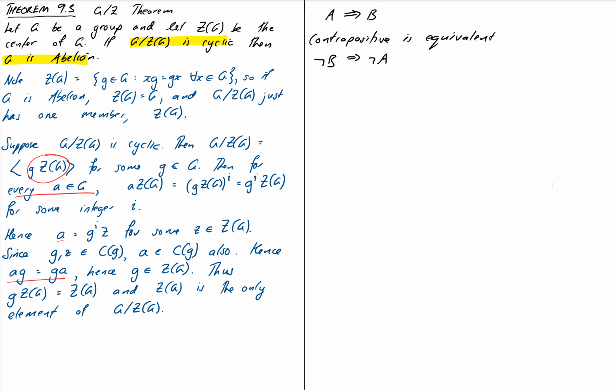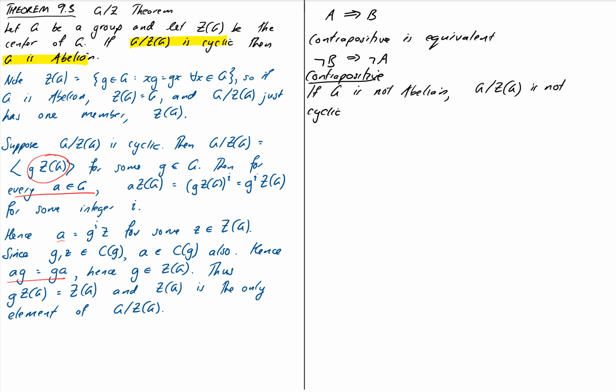So for our theorem, it says if G is not abelian, then the factor group of the center is not cyclic. So this is the contrapositive. And why is that more useful?